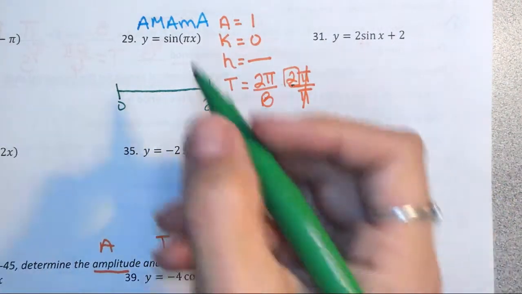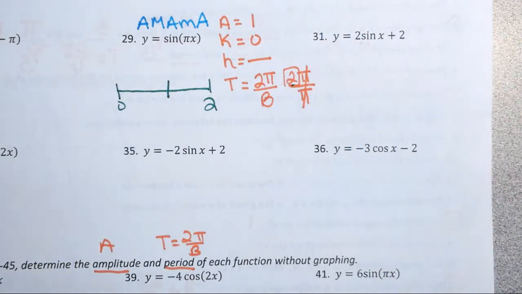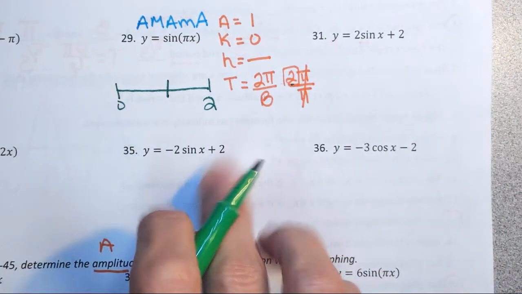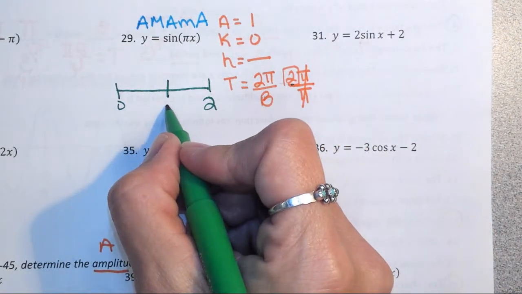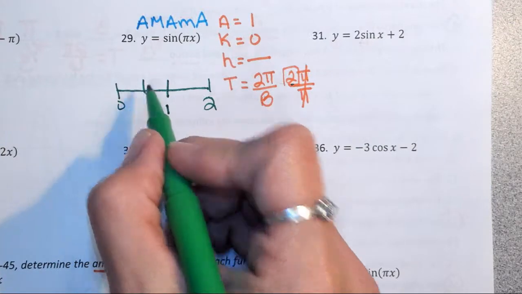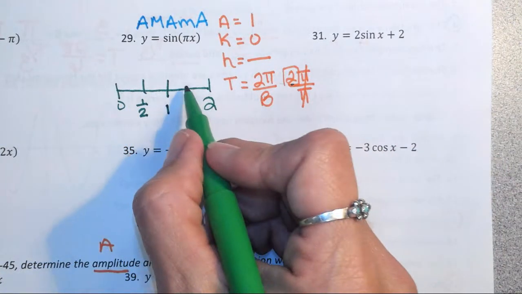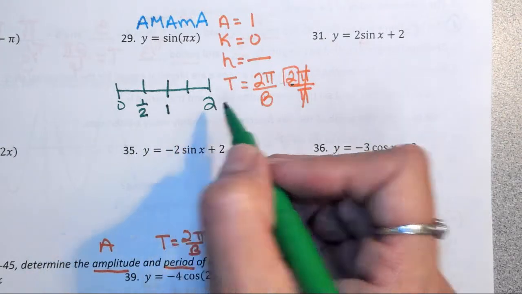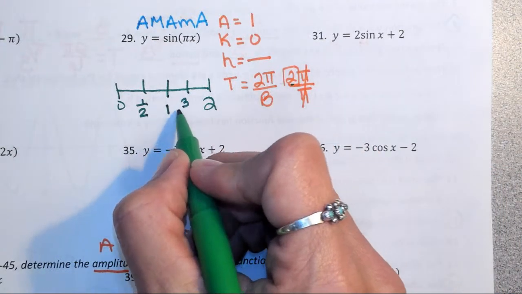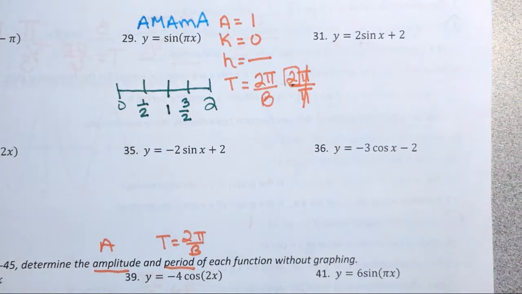And I told you yesterday I want you to half it, half it, half it. So what's half of 2? 1. What's half of 1? 1/2. So in between 1 and 2, not 3/4, 3 over 2. Now if you wanted to put 0.5 and 1.5, it's not wrong. I just like fractions and I want you to get used to them.